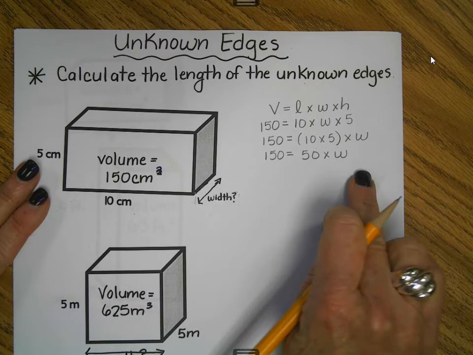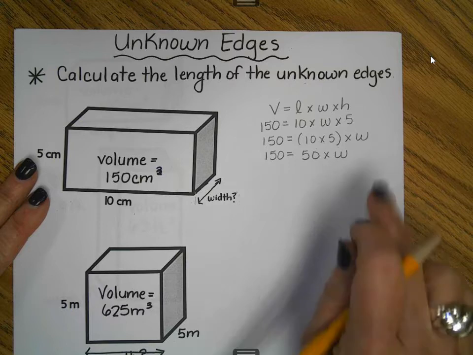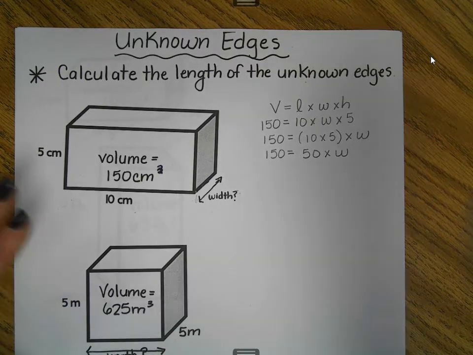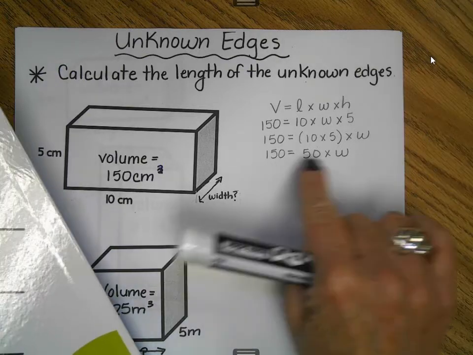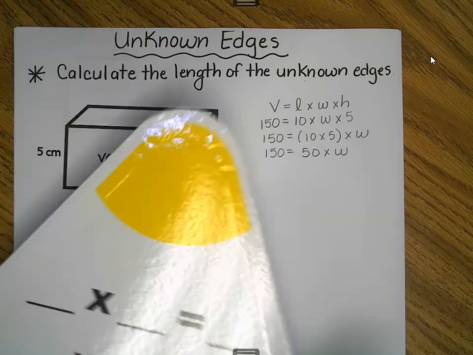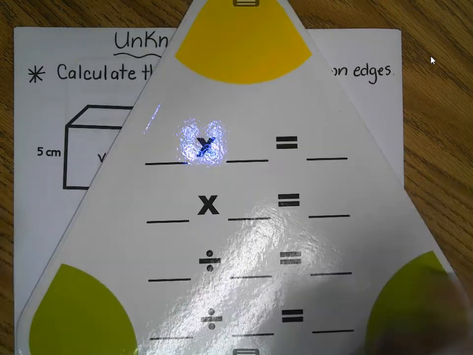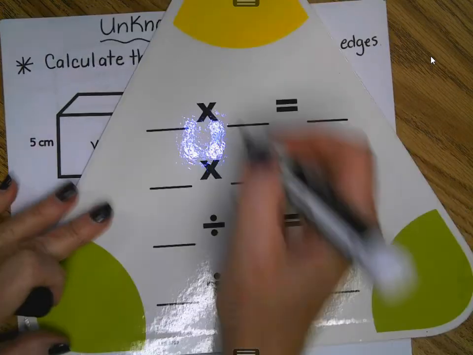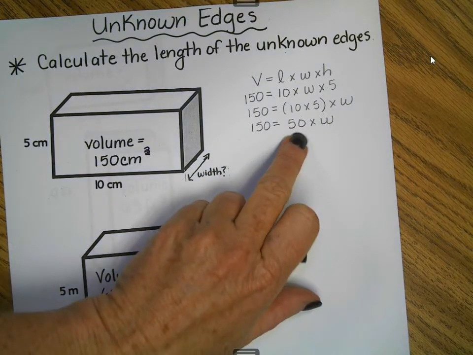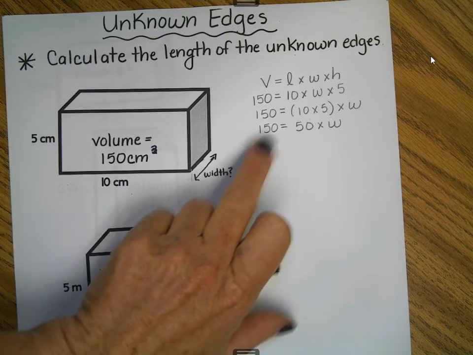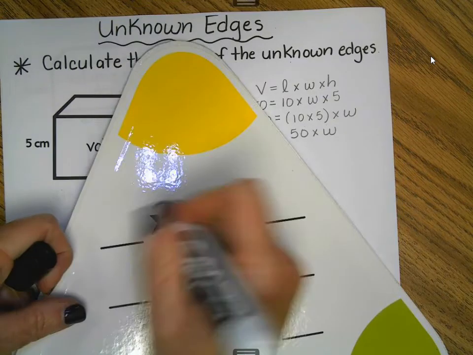Now, when I get to this step right here, I am almost ready to solve. And I'm going to kind of go back and review fact families. So we have the numbers 50 and 150. So I want you to think about this. If we have the numbers 50 and 150, and we're going to multiply some number times 50 to equal 150, then this is what I have.